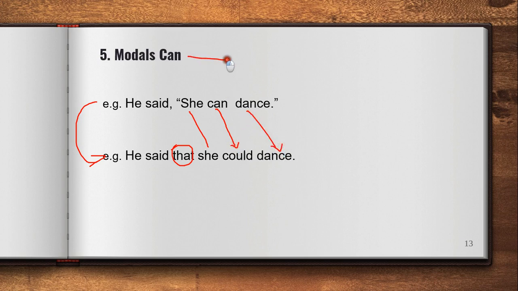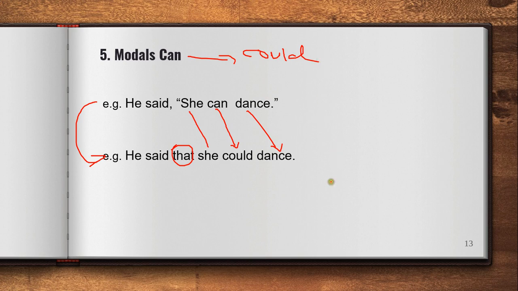So can in here changes to could. Okay, all right. So remember, guys, in direct speech, you have to change to the indirect. The tenses must be changing too. Don't stick to the previous sentence.